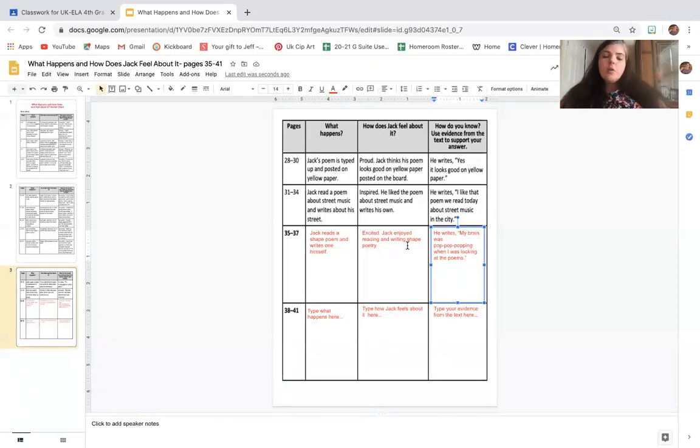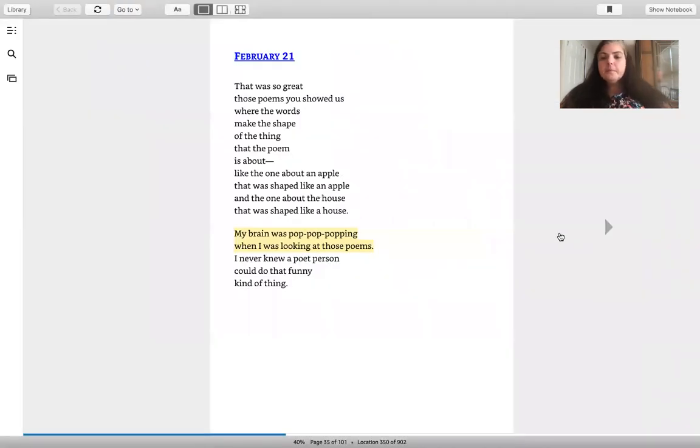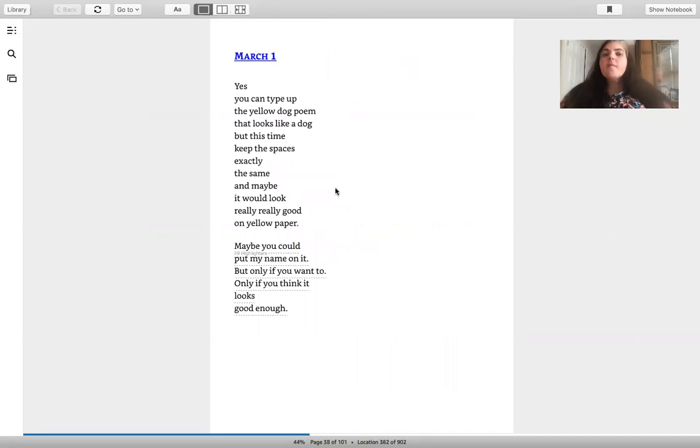Now, let's go back and look at page 38 through 41. March 1st. Now, we need to know what exactly happened. Okay? What happened here?